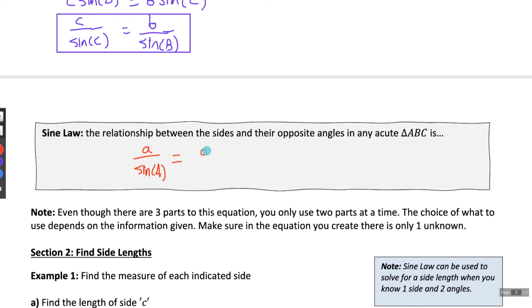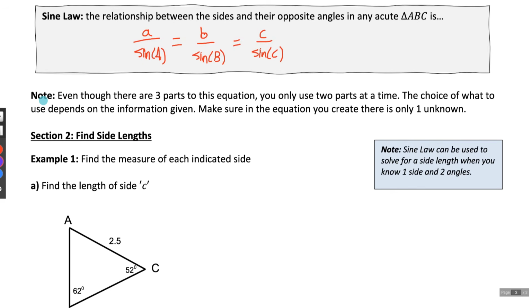So A over sine A would be equal to B over sine B, which would be equal to C over sine C. Now the sides and angles don't always have to be A, B, and C. It's just important that in any of the ratios that you're creating, the side is opposite from the angle. So it's always a side divided by sine of its opposite angle.